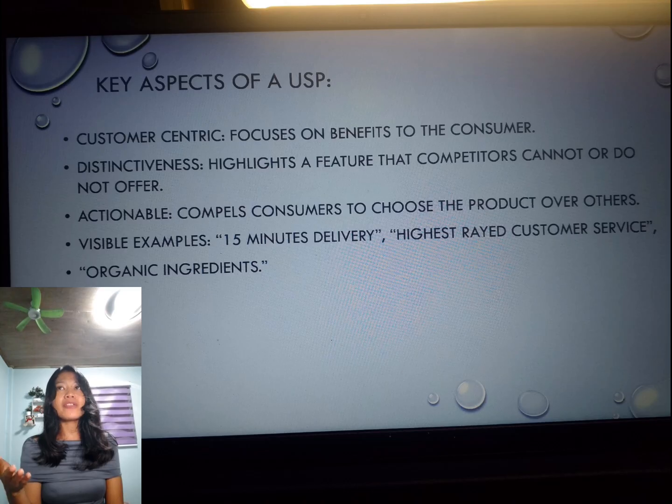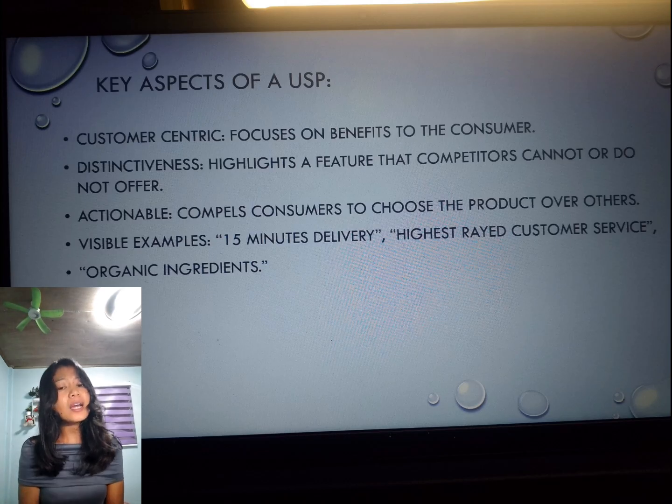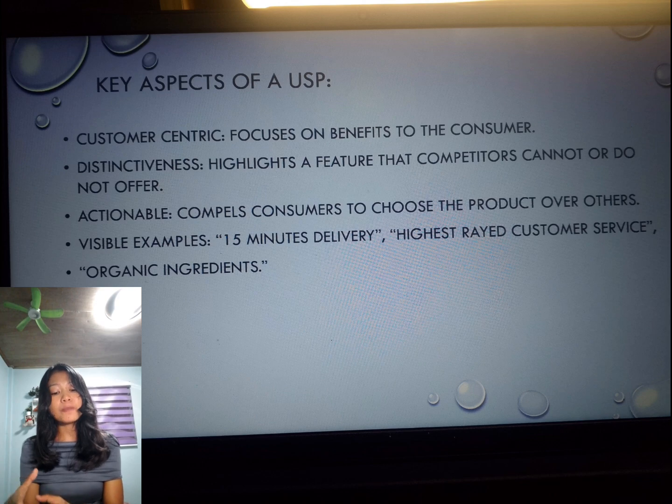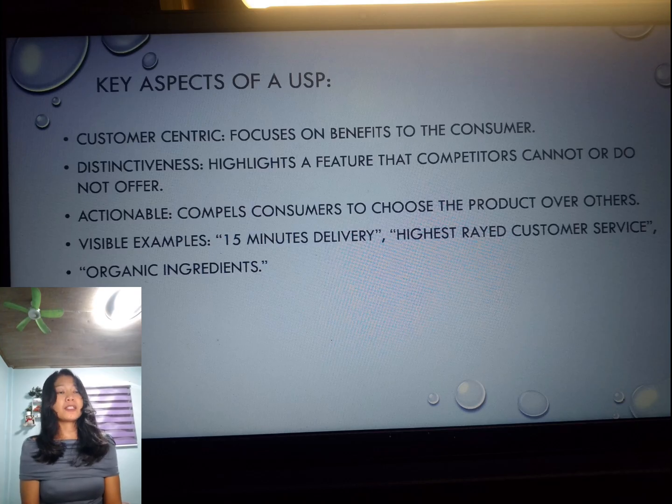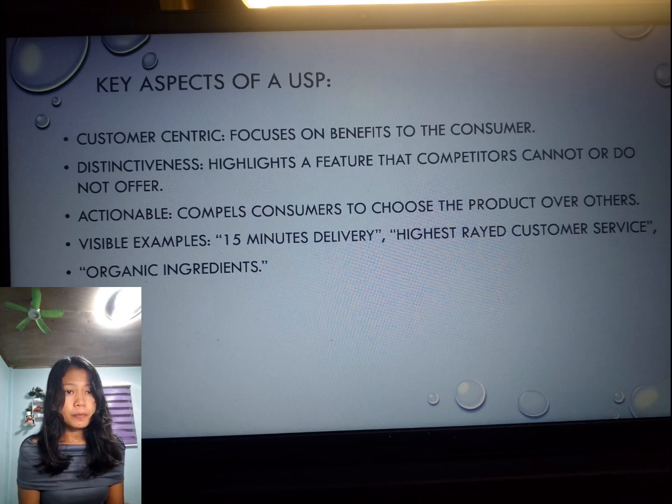One of the things that we actually see is the packaging itself, or the product description, if it could benefit the consumer, or if it actually conveys. So that's what we choose. So that's one of the key aspects a USP should have.